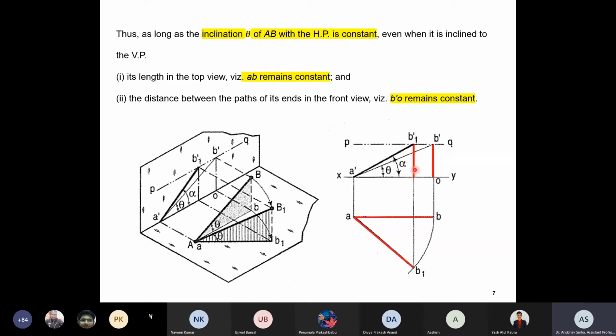Another thing is that this height will remain the same. This height is basically the height of your triangle. If you make a cardboard triangle, this is the height. If you're looking from the front, wherever you rotate, this height is not going to change, right?